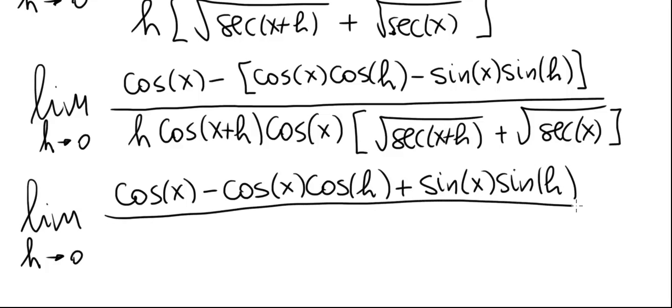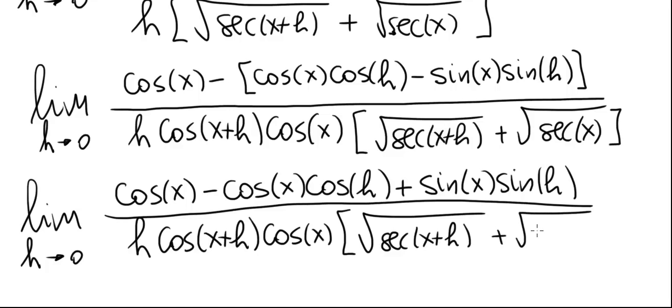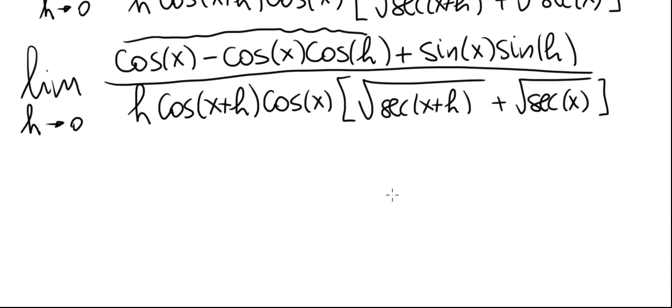And this is divided by h times cosine of x plus h times cosine of x times the square root of secant of x plus h plus the square root of secant of x. Notice that these two terms have cosine of x in common, so we're going to factor out cosine of x.